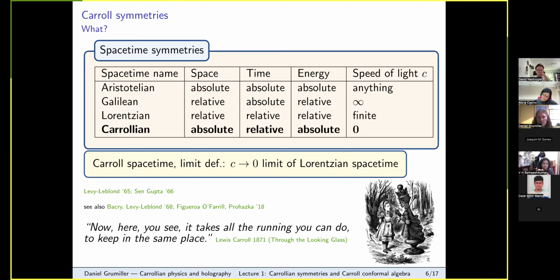Now, while it is useful to have this limiting definition, it's also often useful to have an intrinsic definition. So you don't always want to approach Carrollian spacetimes or Carrollian symmetries as a singular limit of Lorentzian ones, because first of all, taking singular limits can be a bit awkward. You don't always necessarily know how to scale your observables with powers of c.